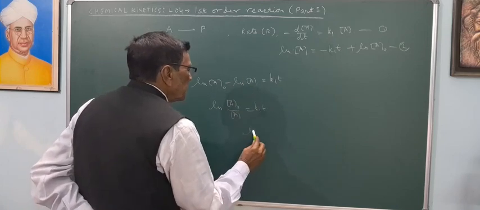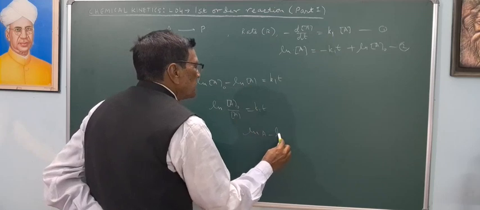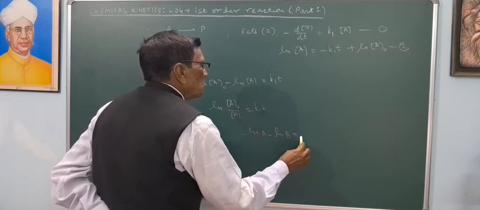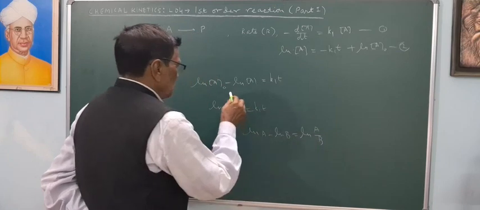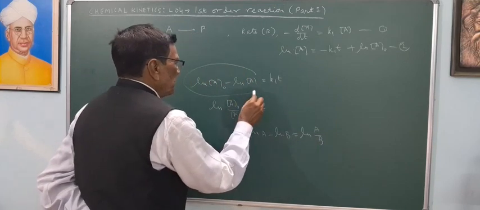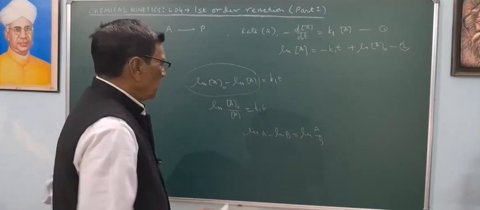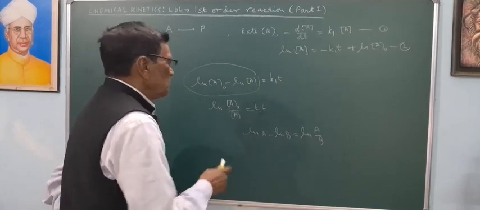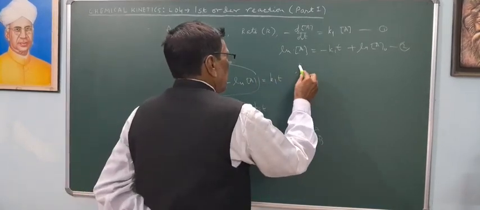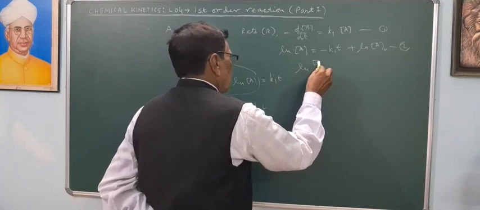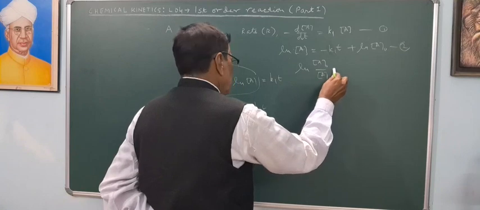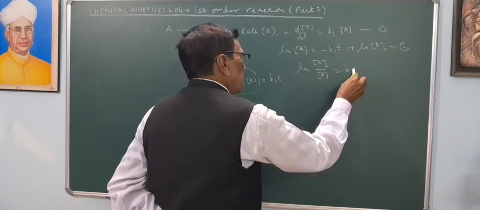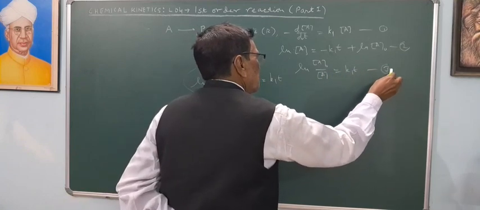You know ln A minus ln B equal to ln A by B. So this form could be written logarithmic. So this is the third equation, ln concentration of A naught divided by concentration of A equal to K1T, and this is equation number 3.